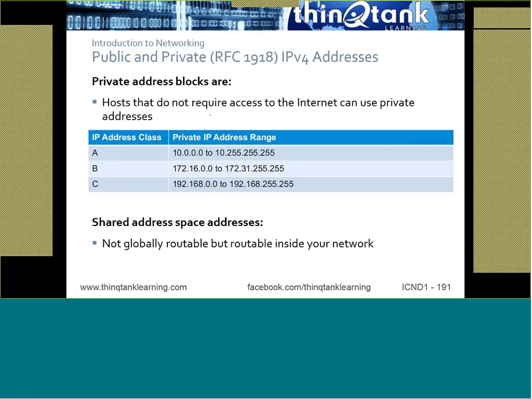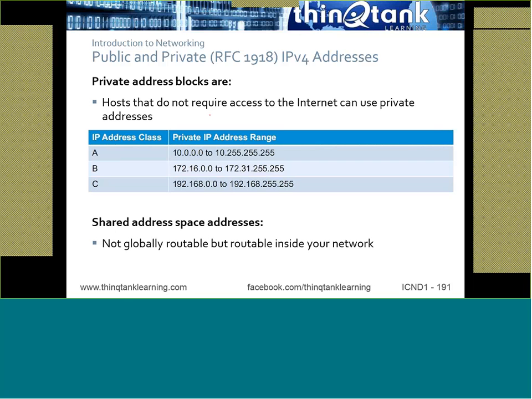When you open up a business or whatever, you go to a service provider, you say, I want internet access. They're going to drop a circuit at your location. That circuit is going to be public domain. It's going to have public addressing. And they're going to give you a block of addresses on that circuit.